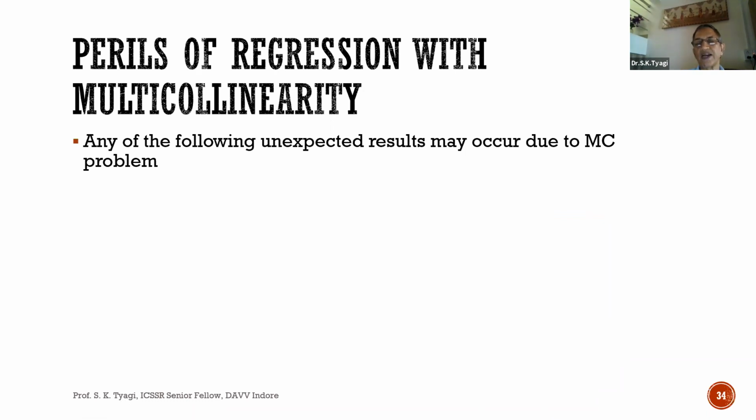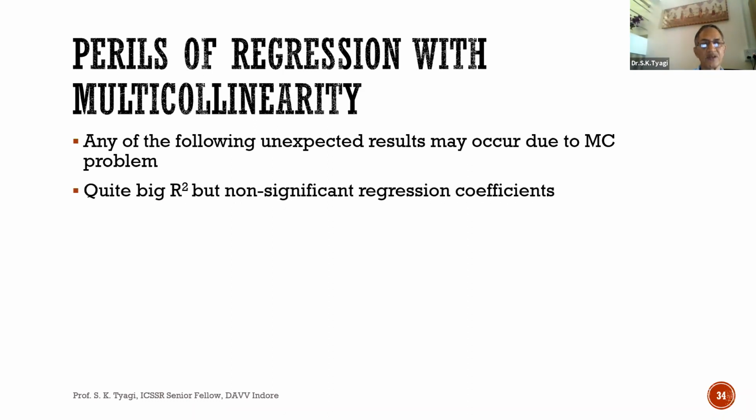If you do not check for multicollinearity, or you check it and still do not take care of it even if it is violated, and you still use regression, then there will be many kinds of problems for you. You will not be able to satisfactorily interpret the output. Problems will be like this.